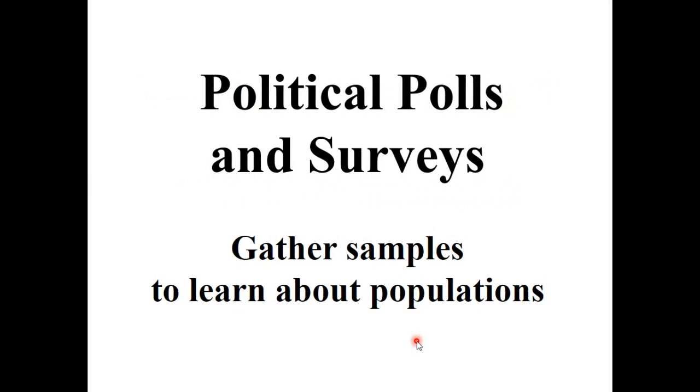Political polls and surveys gather samples to learn about populations. For instance, a pollster may phone a sample of voters in a state and ask them how they plan to vote, so that the pollster can estimate how all the people in the state plan to vote. In this case, the population consists of all voters in the state, and the sample consists of the voters that the pollster calls.